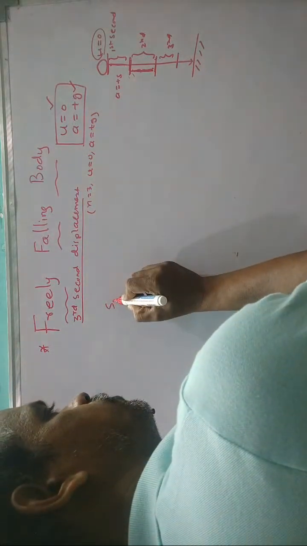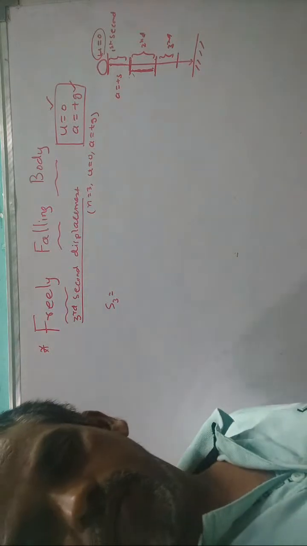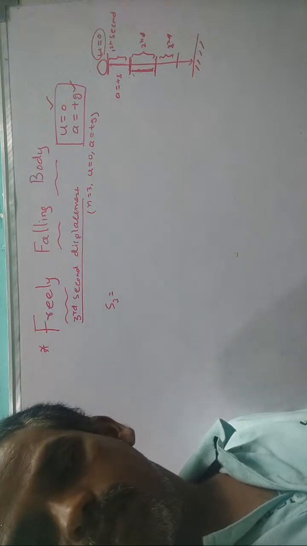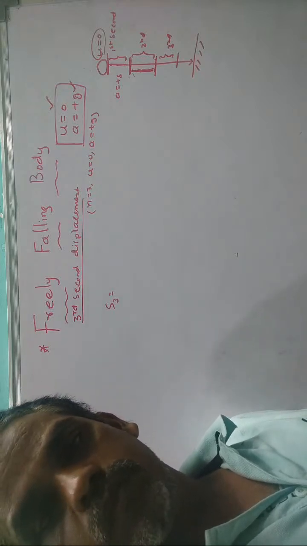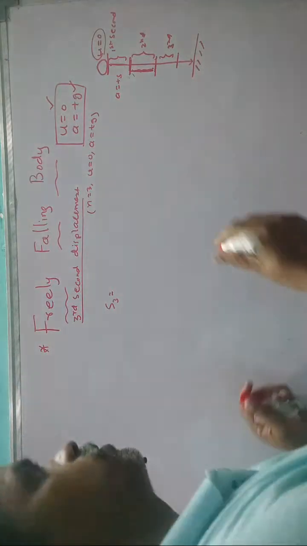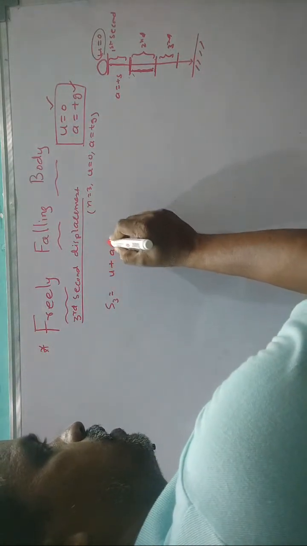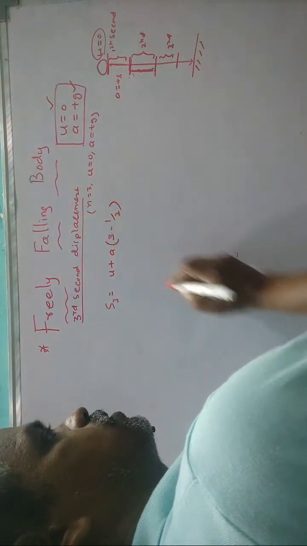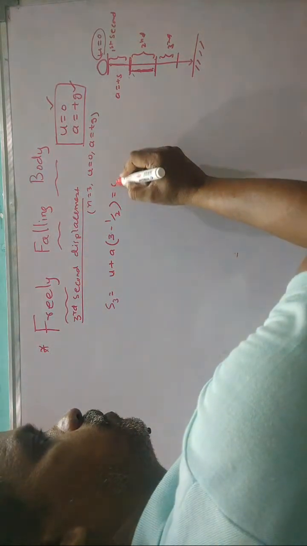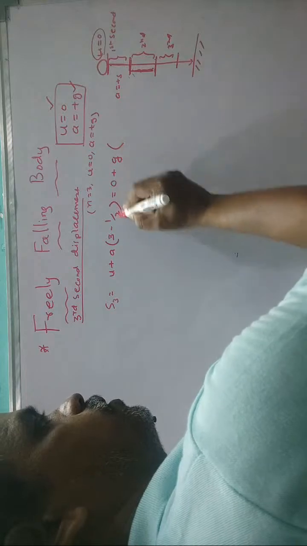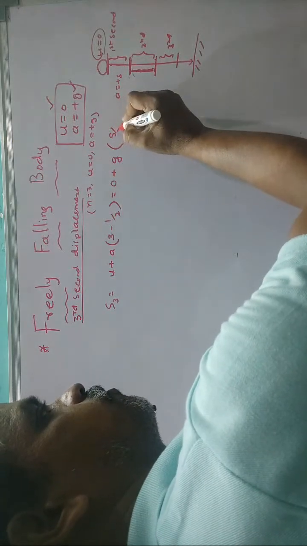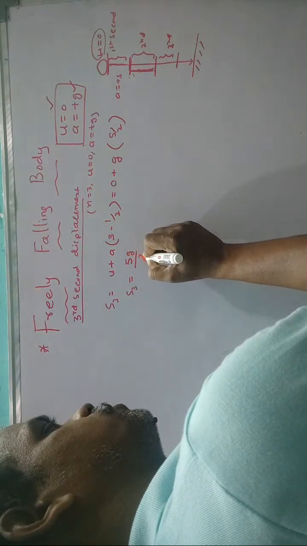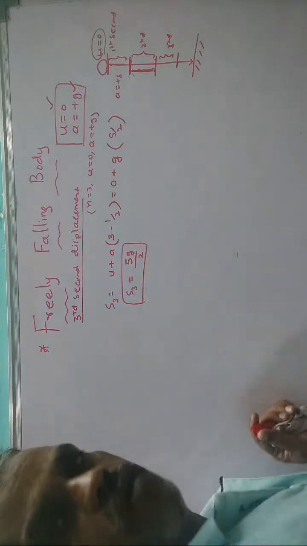Just calculate and tell me the answer. For this one, u plus a times (n minus 1/2), substituting u equal to 0, a equal to g, 2 times 3 is 6, 6 minus 1 is 5, 5 by 2. S3 equals 5g by 2.